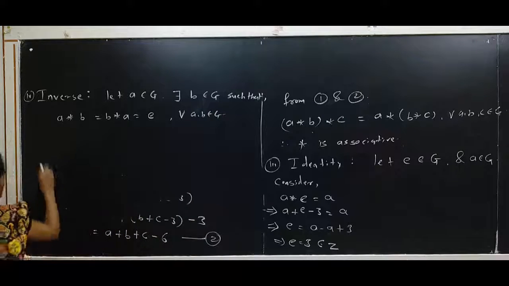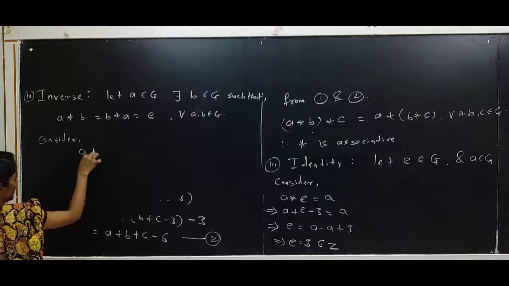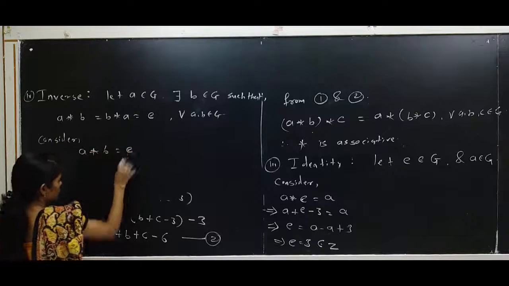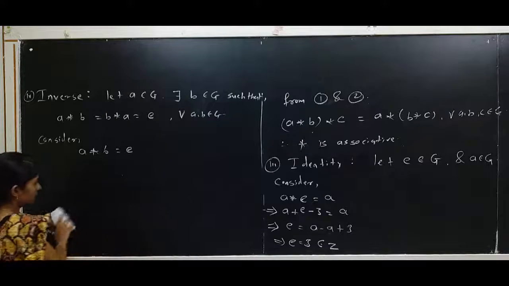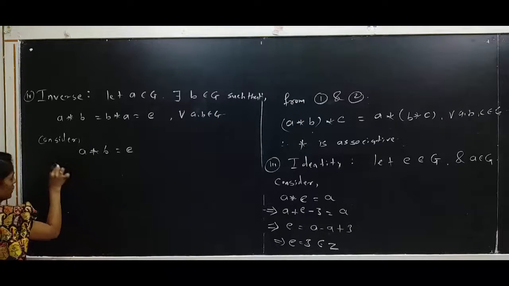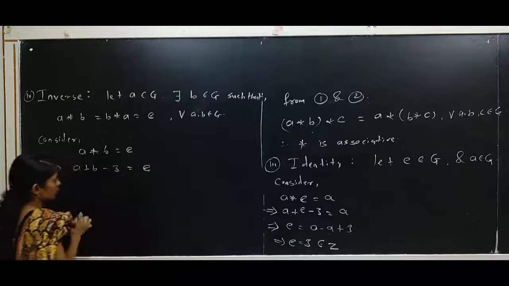So consider A star B is equal to E. Now here B is the inverse of A, we want to find B. So which implies A plus B minus 3 is equal to E.